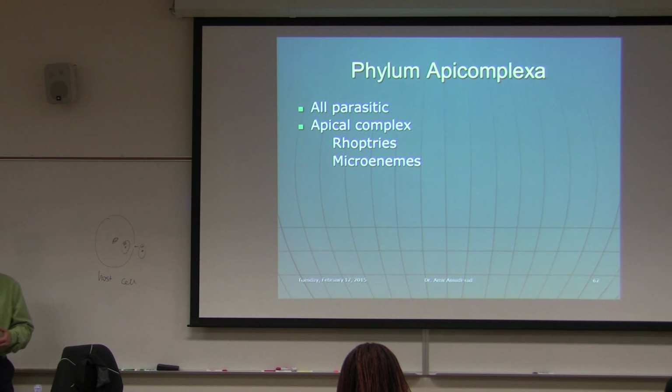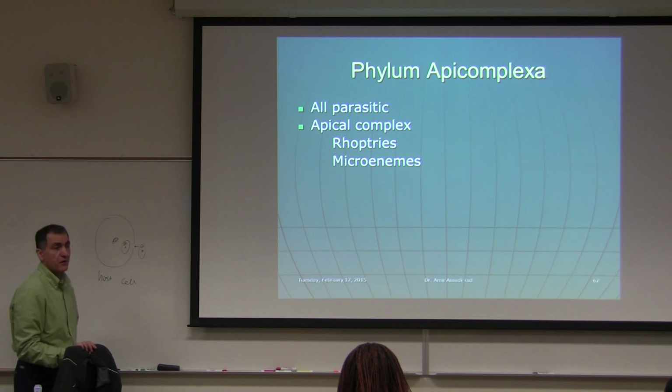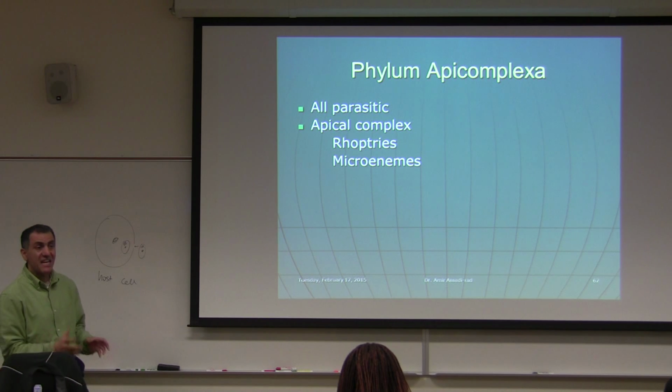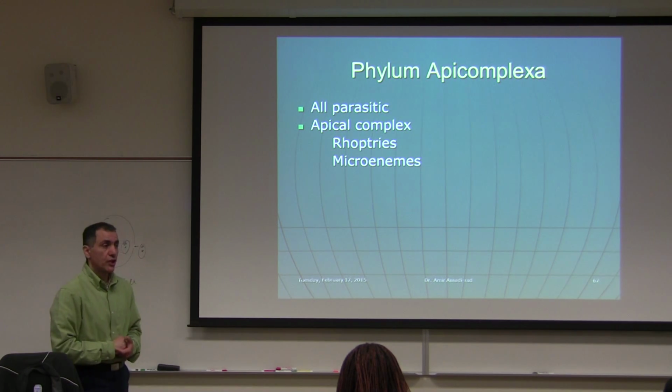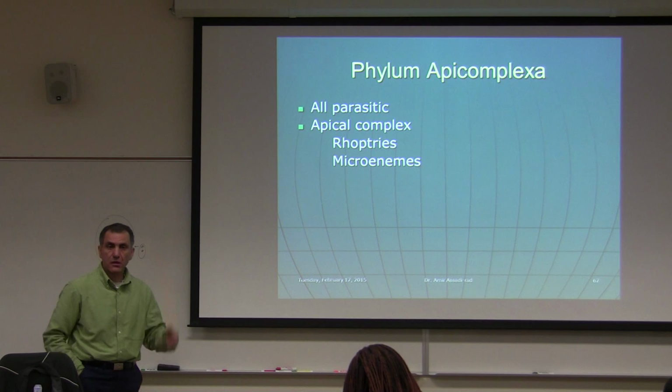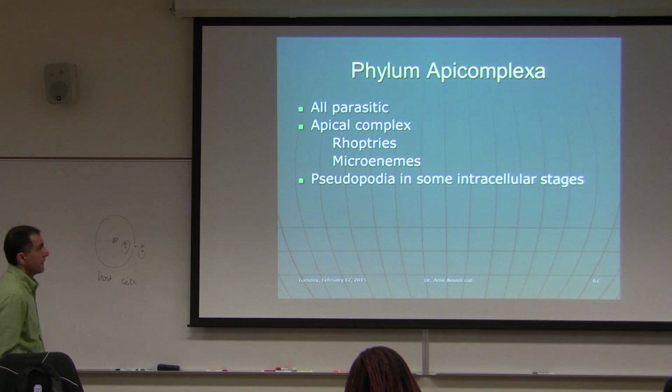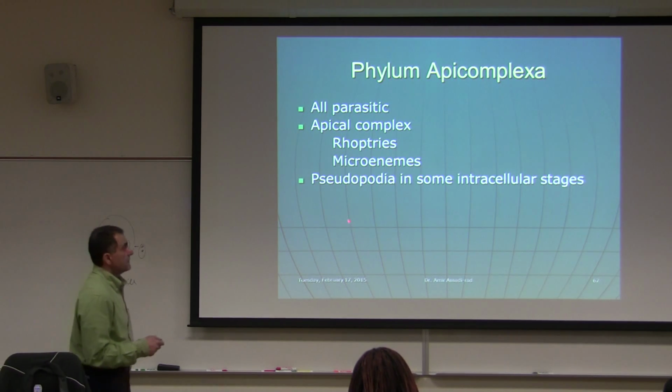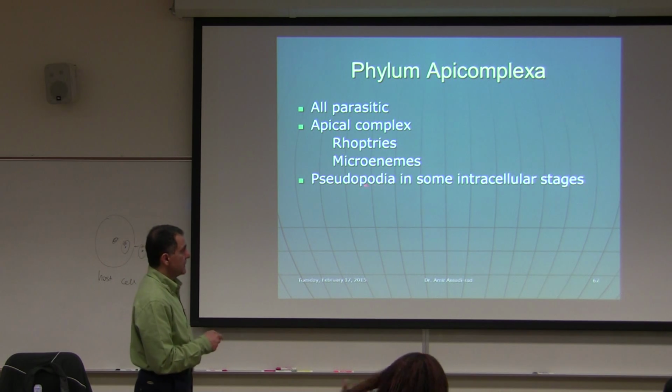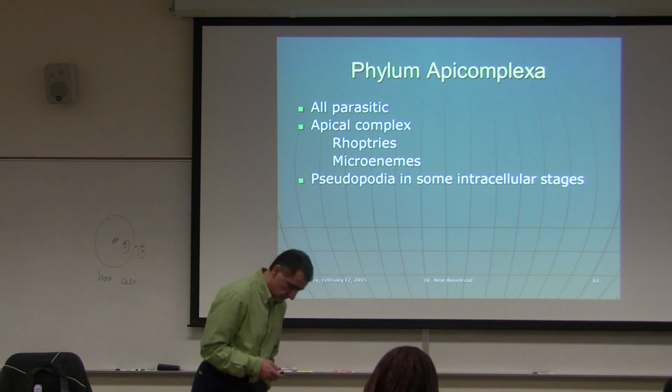That's the function of the apical complex, to gain entry into the host cell, and of course cause damage later on.